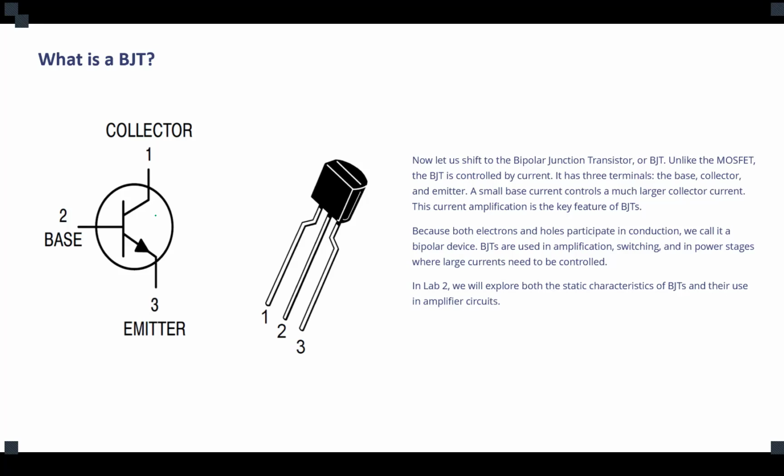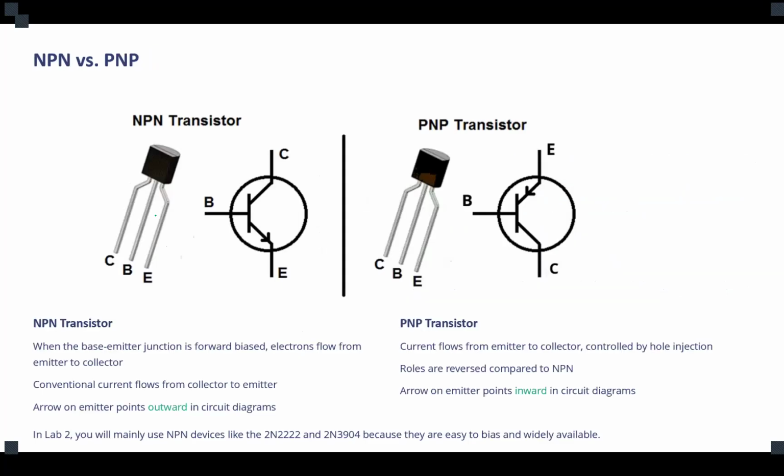Are we good? Now, we have two types of BJT based on the semiconductors and the connection of the semiconductor inside that BJT. Either we have NPN transistor, meaning the collector and emitter are N-type and the base is P-type, or we have PNP in reverse.